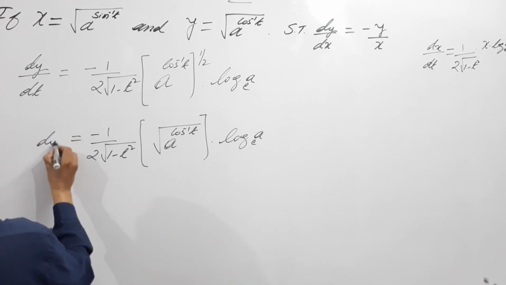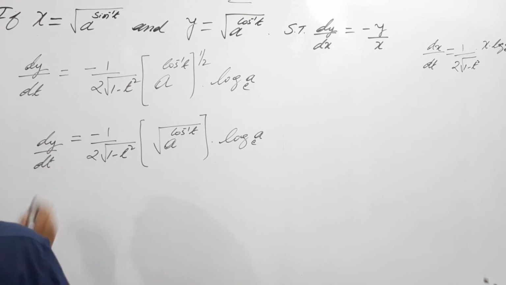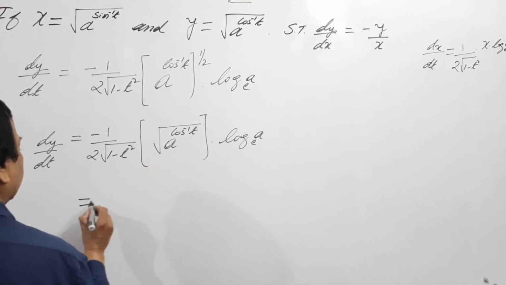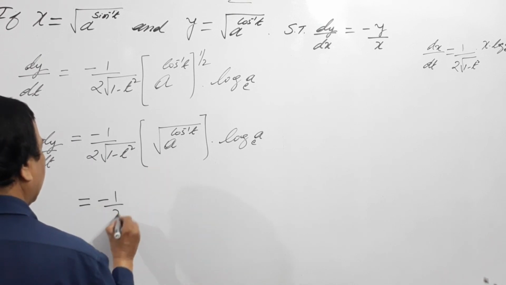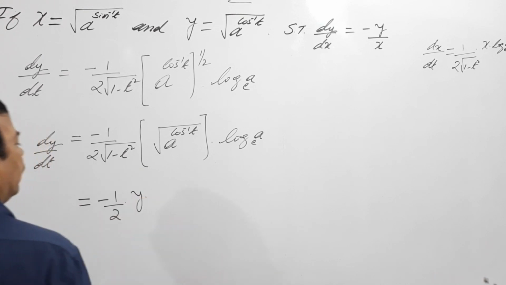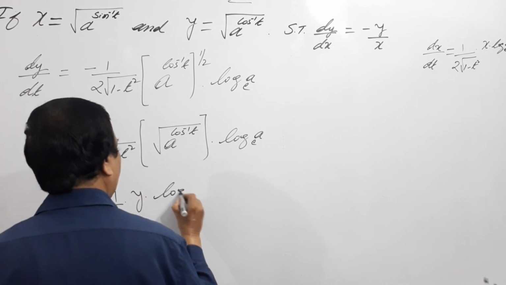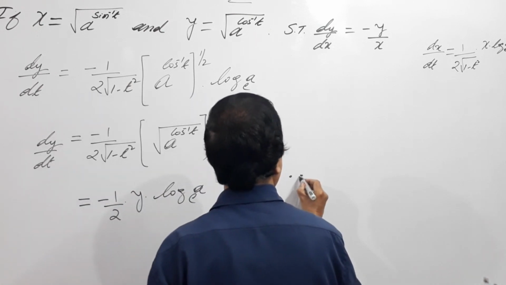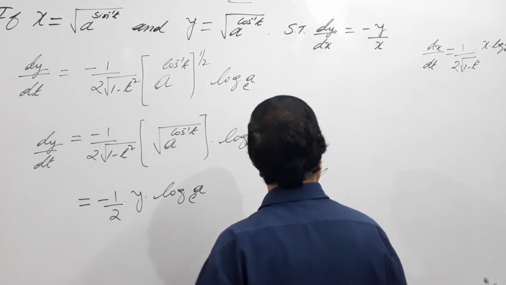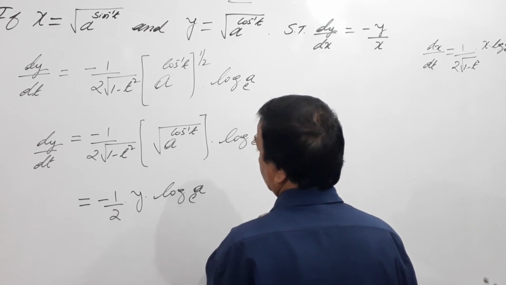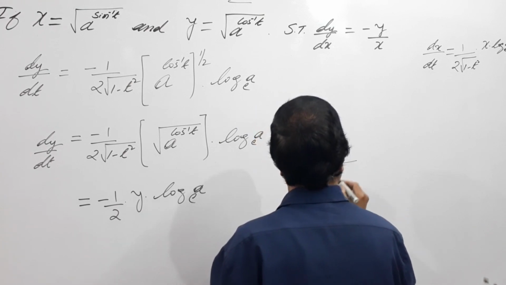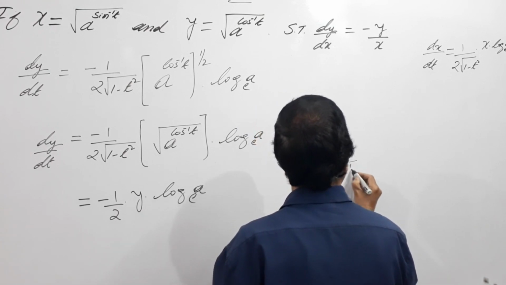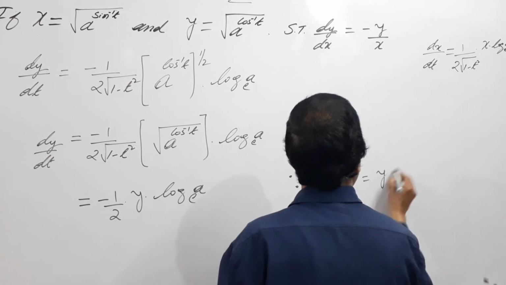This is our dy by dt, isn't it? So what is this? Can I write like this? This can be written as minus half into 1 minus t square into y log a to base e, since a to the power of cos inverse t equals to y.